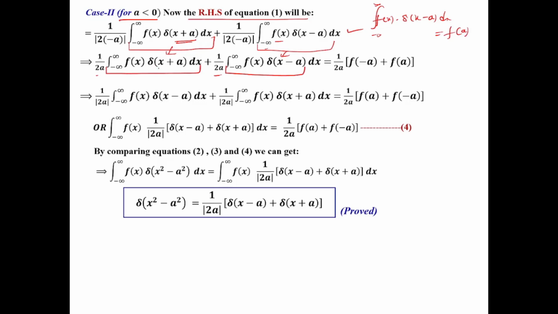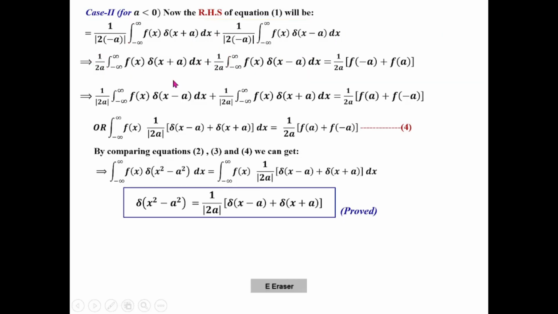Here you can see delta x plus a is there, so it is written as x minus of minus a. So for this integral, this value will be f of minus a, and for this integral it will be f of a. 1 by 2a is common for both the integrals. So finally we can get 1 by 2a times f of minus a plus f of a.